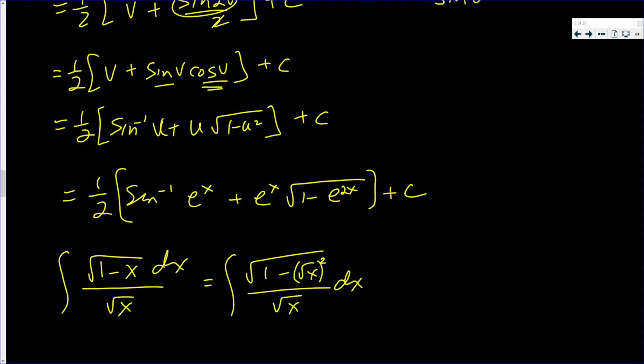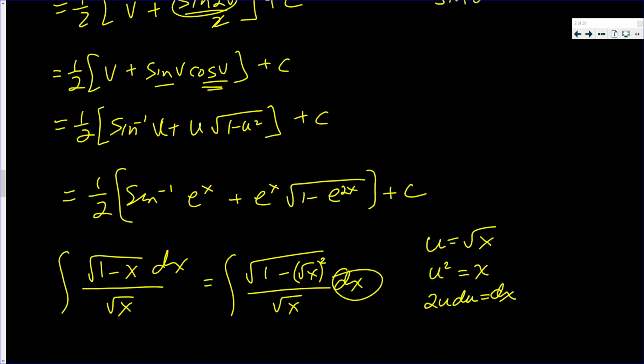So I'll definitely simplify this by letting u equal the square root of x. Now, in terms of getting dx, I can take the differential of both sides right now, but I think it'll be better if I square both sides. So now 2u du is dx.